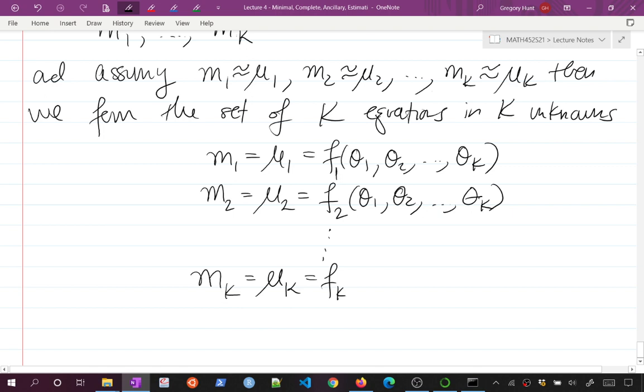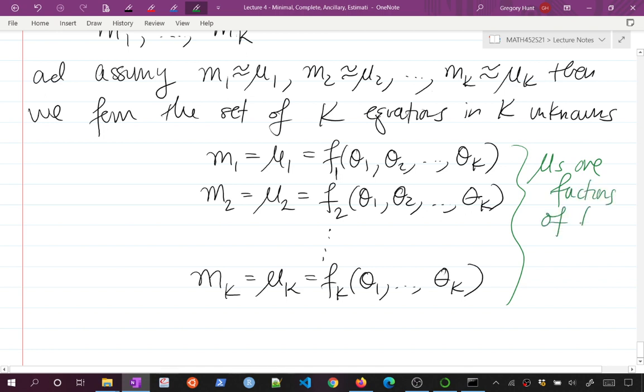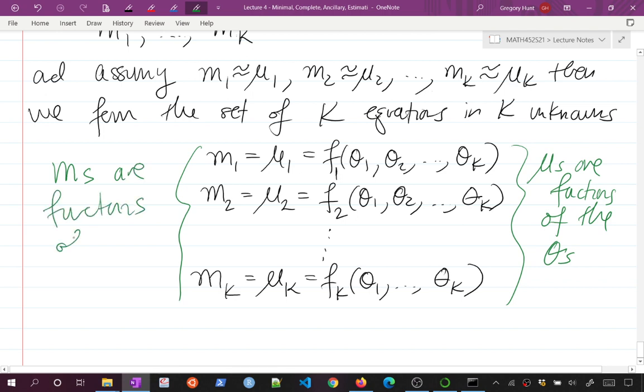But again, mu k is some function of my thetas. So all I'm writing here is that the mu's are functions of the thetas, and the m's are functions of the x's.